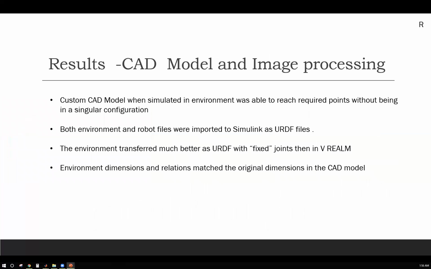Thanks, Ishmael. So, the results of the CAD modeling and image processing: after the CAD model was developed, it was tested in the environment in the different poses that the robot will need to be at. Visually, it was determined that none of these poses offer one of the common singularity positions, so that was good to ensure that we are not in any singularity situation. Also, both the environment and robot files were imported successfully to Simulink, as mentioned by Alfredo.